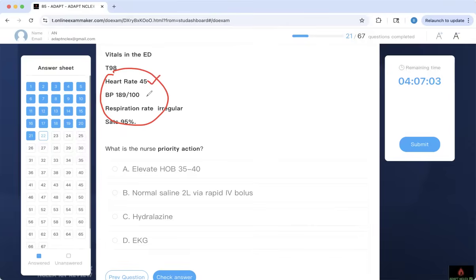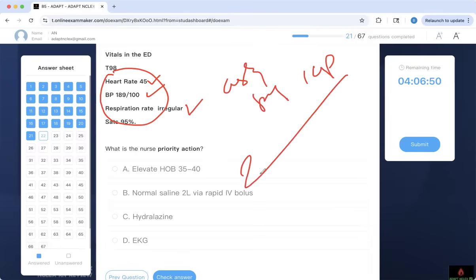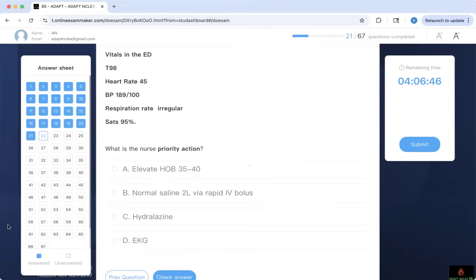Bradycardia, check. Hypertensive, check. Irregular respiratory rate, check. This is what we call Cushing's triad. That means you have an ICP issue. What is the number one thing you do when somebody has increased ICP? This is the way I want you to break it down. EKG is not going to help you.